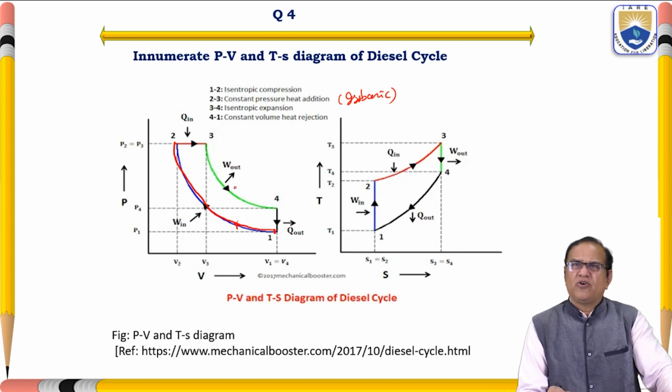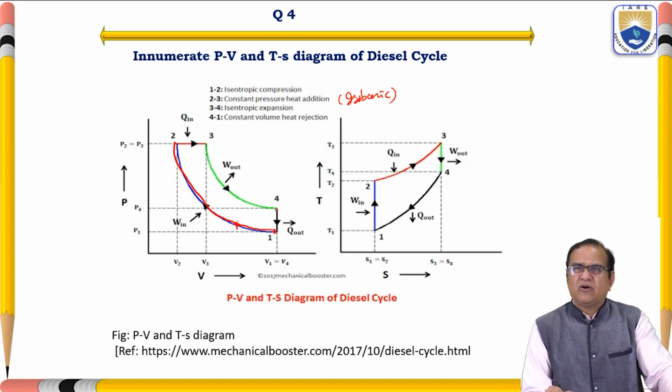Then 3 to 4 is isentropic expansion, and 4 to 1 is constant volume, or isochoric, heat rejection.